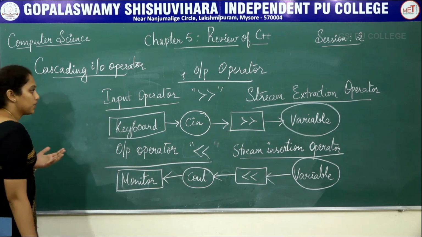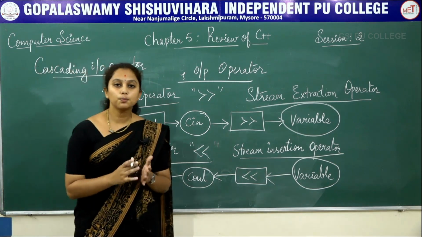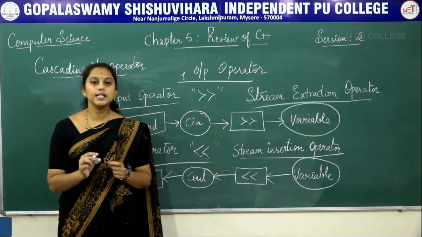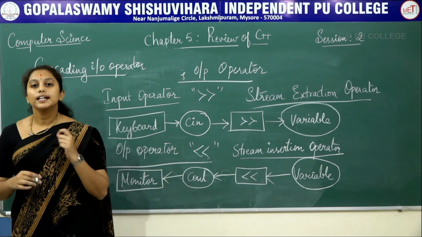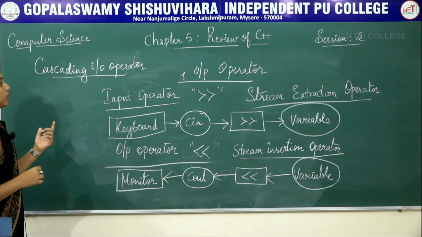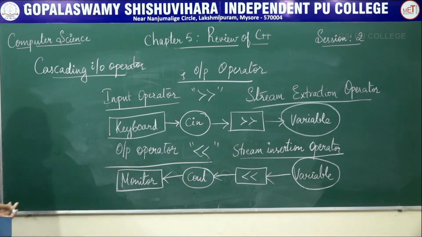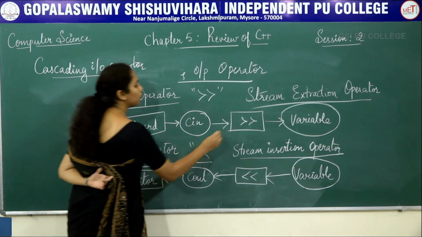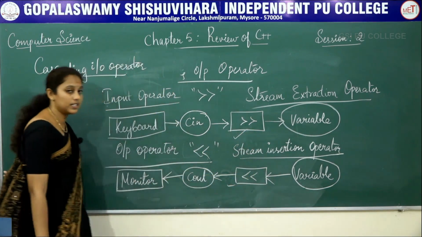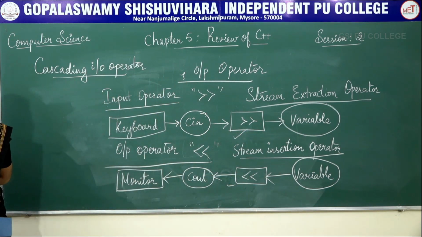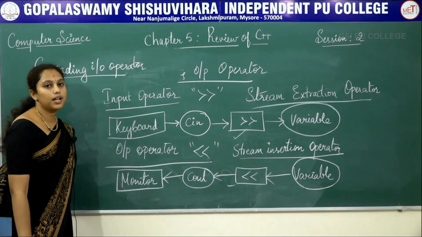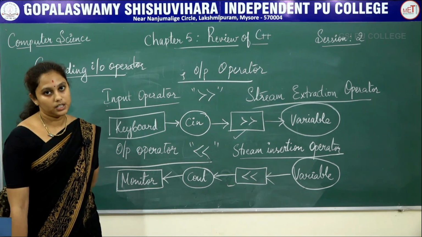The multiple usage of input and output operators in a single statement is called cascading of input and output operators. If we use input and output operators multiple times in a single statement, it is called cascading of input and output operators.